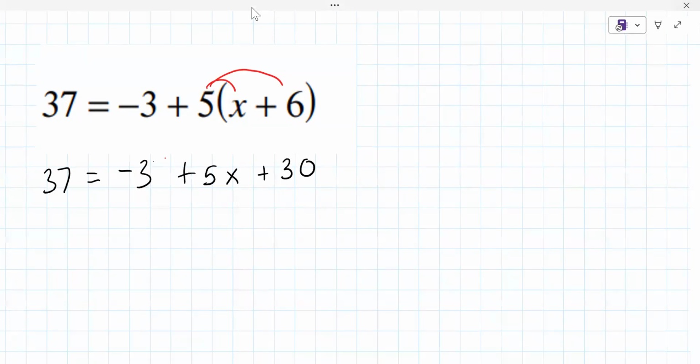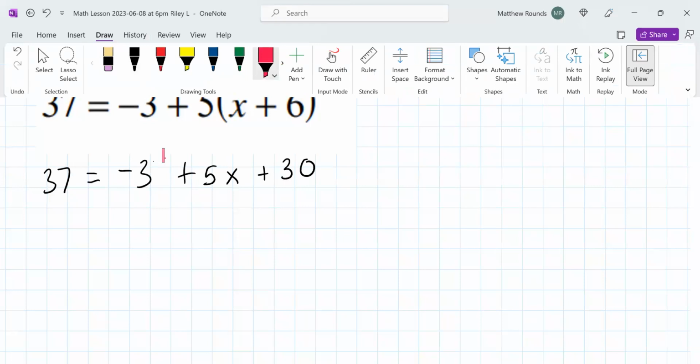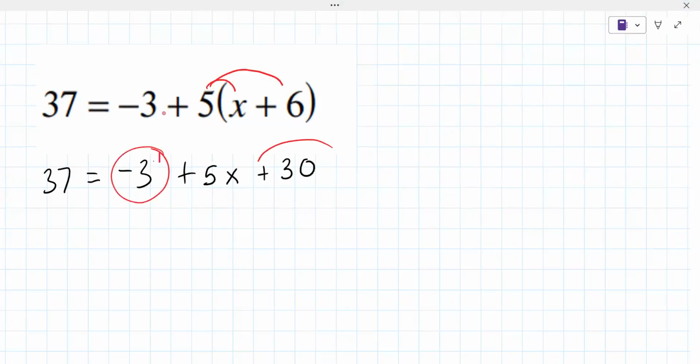Okay. Now, if you look at the right side, do you see that there are like terms? -3 and positive 30.